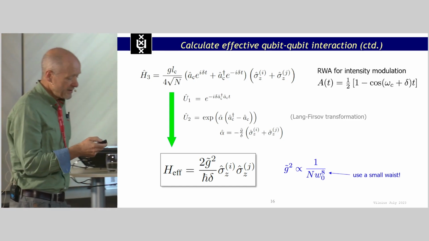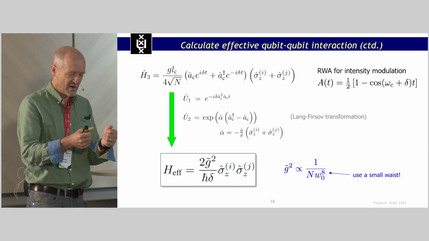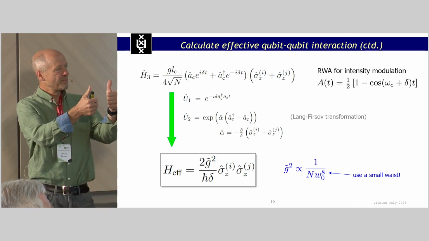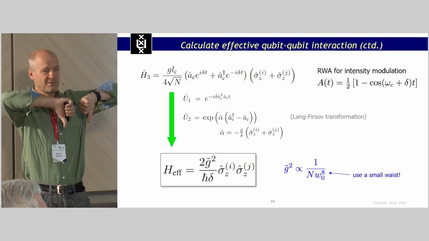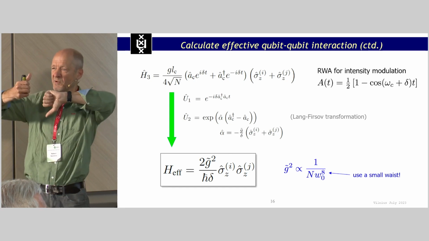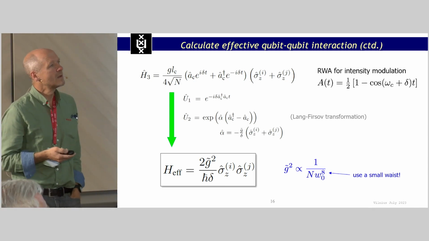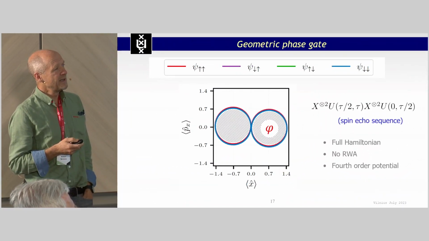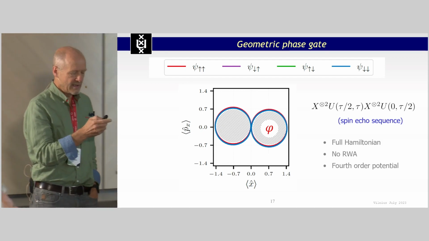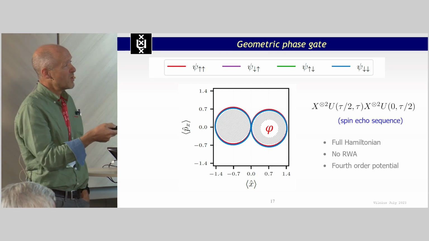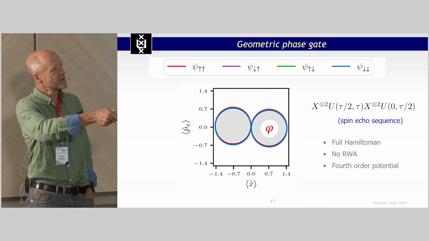But this is exactly what we can now use for a quantum gate, because if the two atoms are in, let's say, the even parity states, up, up, then this is 1. Down, down, it is also 1, but for up, down and down, up, it's -1. Sorry. So what happens if you modulate this tweezer intensity is that the position and momentum of this center of mass mode goes through a loop in phase space, like so.